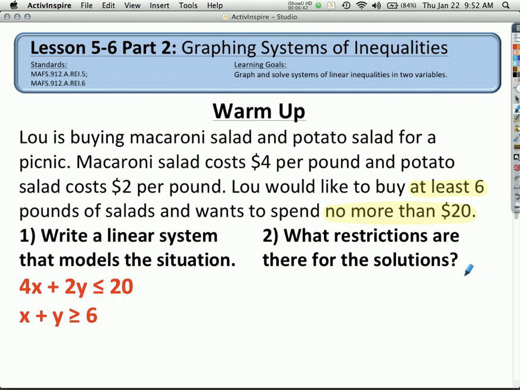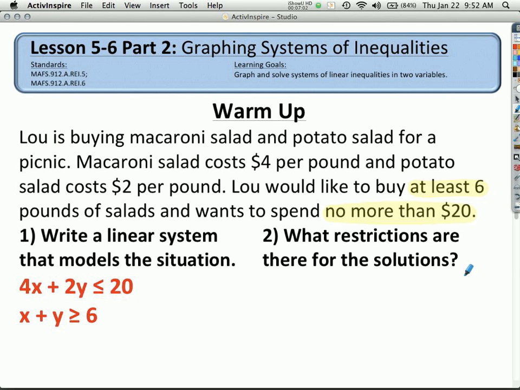The ones that you have to know because you're human and have had experience. So Andrew pointed out one of them. Can't be what, Andrew? Can't be negative. Doesn't make any sense. There's no such thing as negative pounds or negative money in this situation.